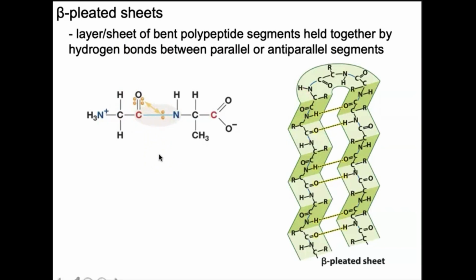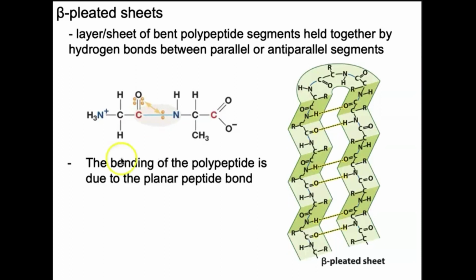In some polypeptides, depending on the R groups that you find in a sequence, it's either going to be more likely to form an alpha helix or possibly more likely to form a beta pleated sheet. So it's due to that planar peptide bond. Everything looks flattened, and that's why often you'll see the alpha helix and the beta pleated sheet shown in this ribbon-like structure.